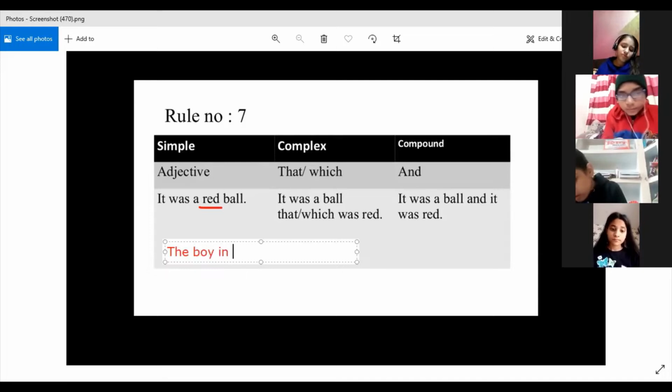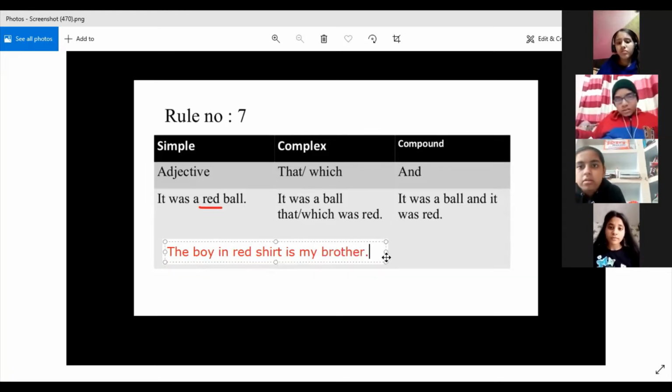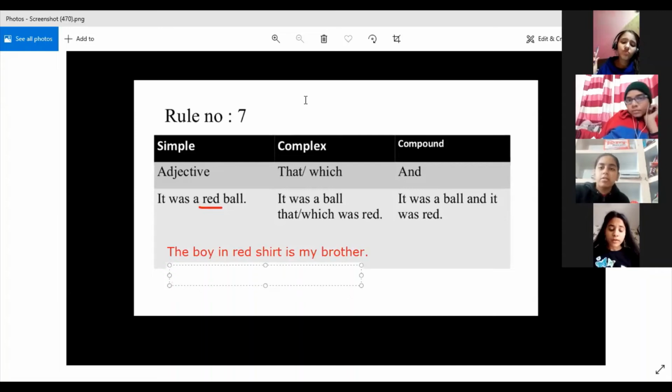A boy in red shirt is my brother. What is the adjective over here, Manjari? Red. Yes, the word red is the adjective over here, right? So you have to replace the adjective with an adjective clause. How will you replace? Try.